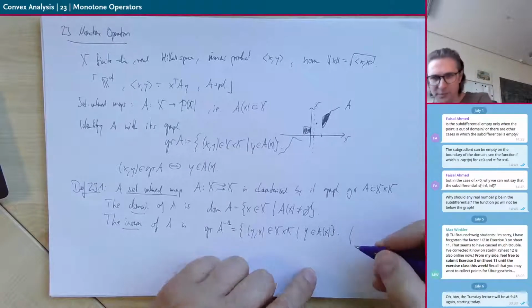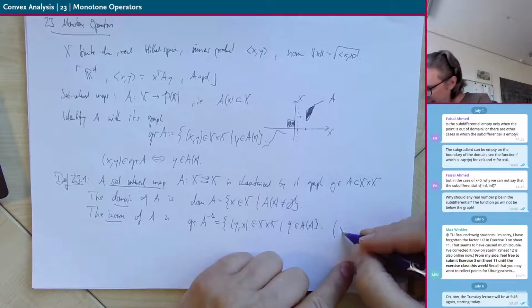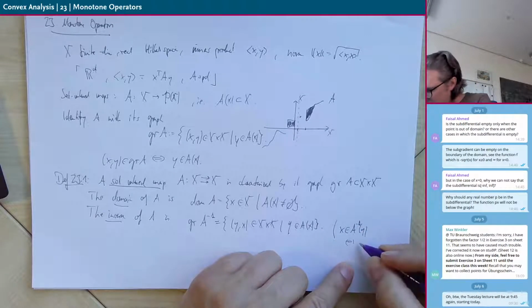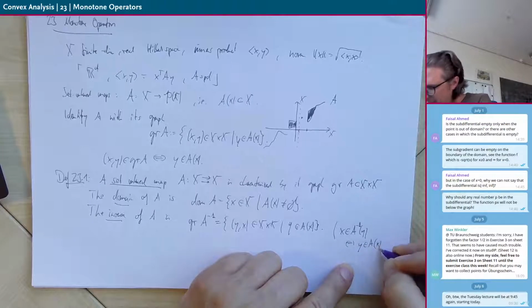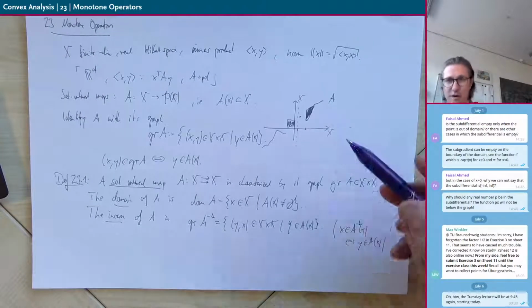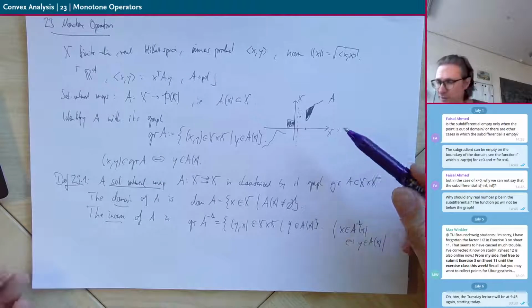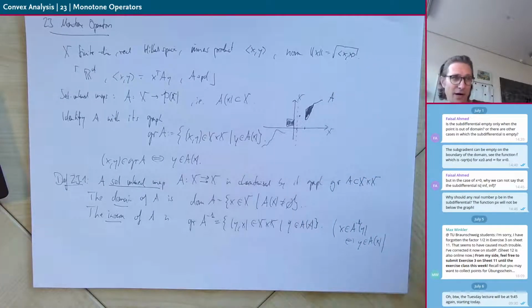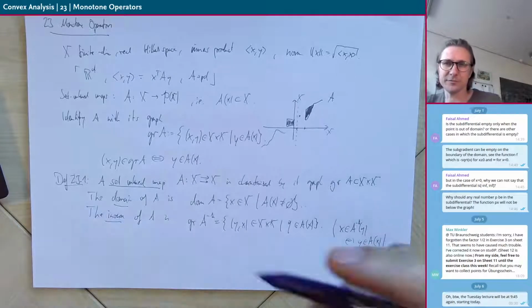In other words, we could also say x is in A to the minus 1 of y if and only if y is in A of x. And what does that mean graphically? For the graph, you just flip the graph along the diagonal, and then you get the graph of the inverse, just like you know from standard functions.